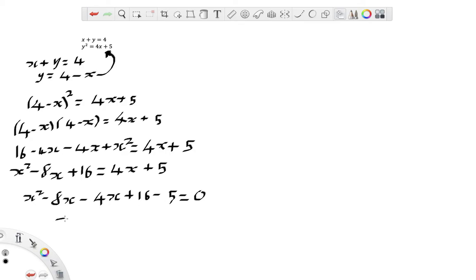Okay, so tidying this up, we've got x squared, minus 8x minus 4x, well that's minus 12x. And then it's plus 16 minus 5, well that's 11. So I've got x squared minus 12x plus 11 is equal to 0.